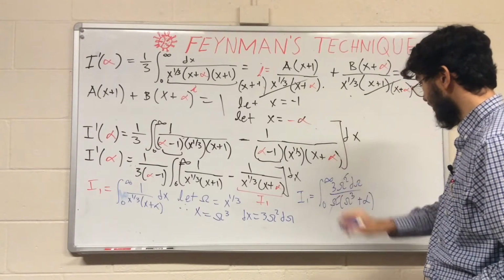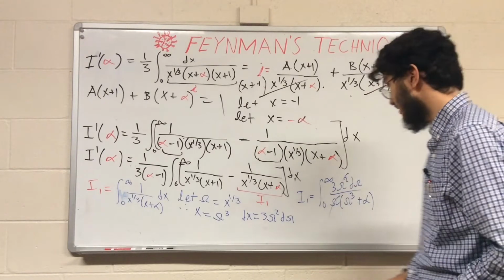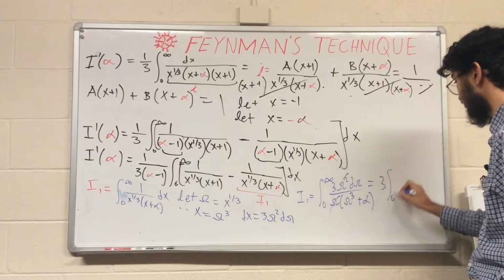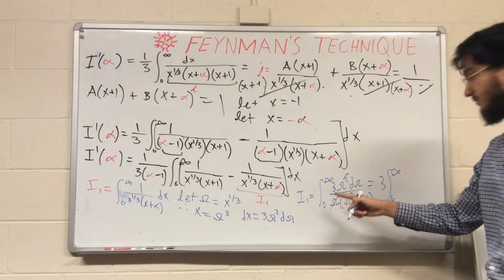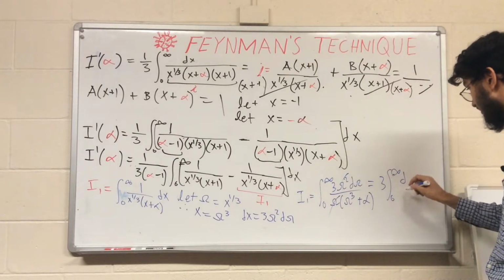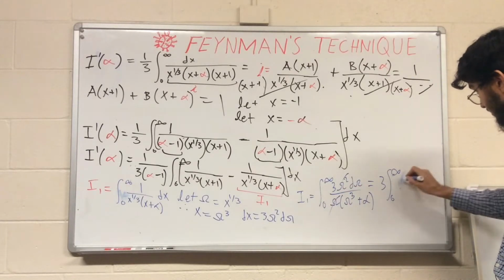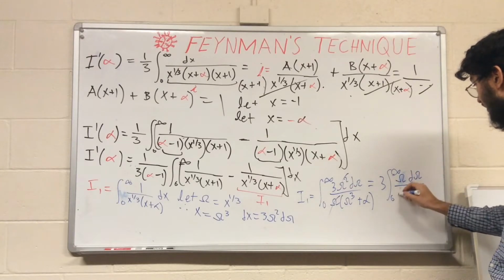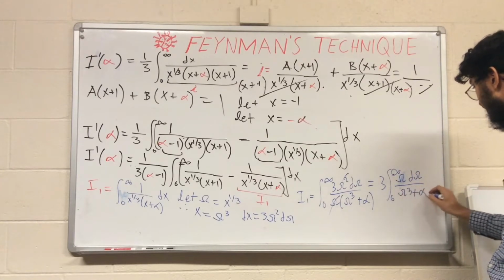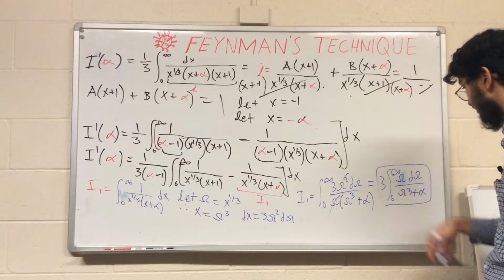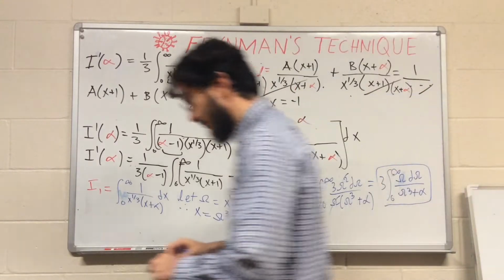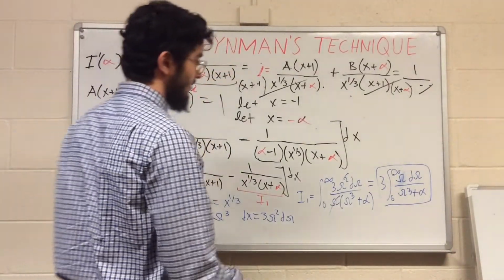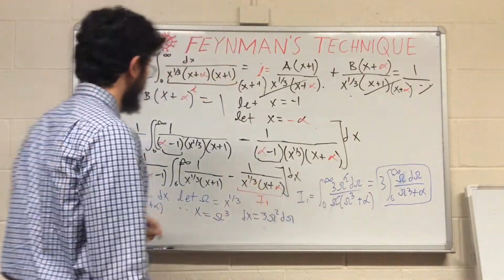We cancel out 1 omega on top and bottom, okay? And then we're left with 3 times the integral from 0 to infinity of omega d omega divided by omega cubed plus alpha. So this is the integral we're going to solve now, and it's a very common integral for this problem. We're going to find it several times, so that's why I'm going to solve it once only.